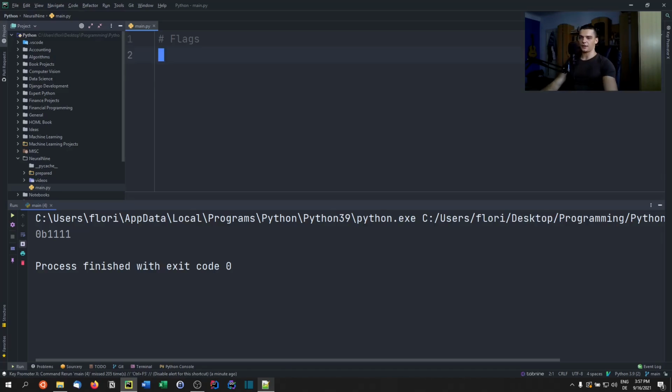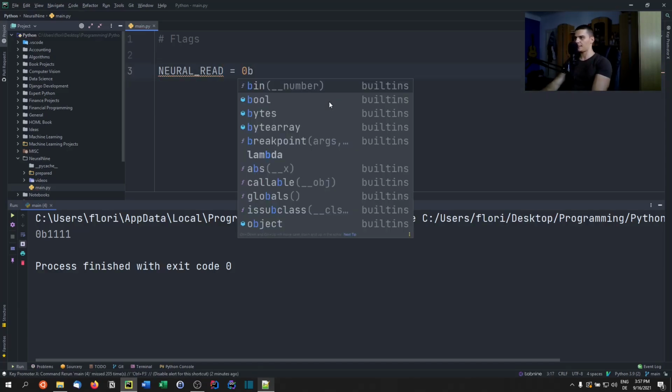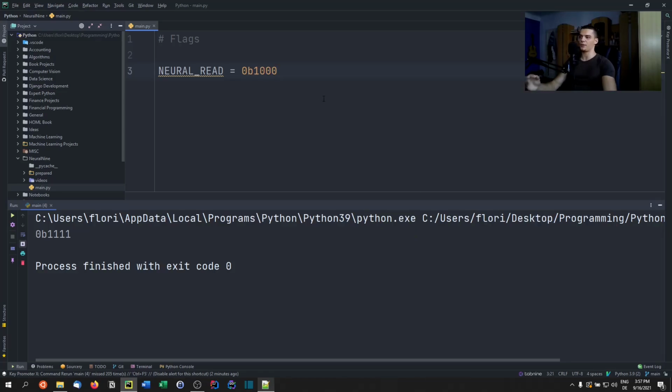You're going to have a certain flag constant. So for example, let's say I have a system and I want to have the flag NEURAL_READ, the permission to read. We still have the same system. NEURAL_READ would be 0b1000. This is only the permission to read.